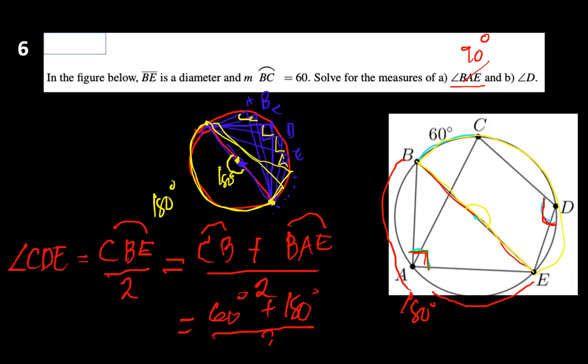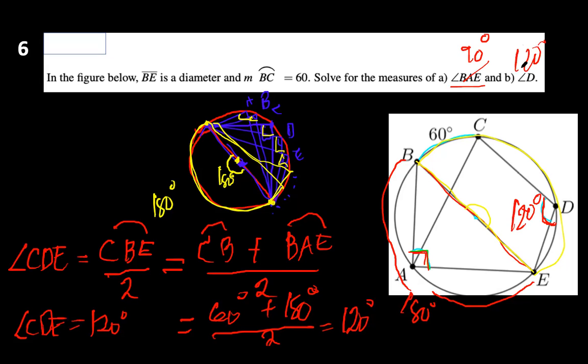So 180 plus 60, that's 240, divided by 2, that's 120 degrees. Therefore, angle CDE is equal to 120 degrees.